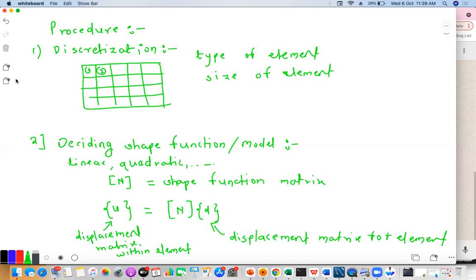Now the next step. In the second step we have calculated displacement. With the help of this displacement, I can calculate my strain, right? If you remember, change in dimension upon dimension, delta L upon L, is strain, right?